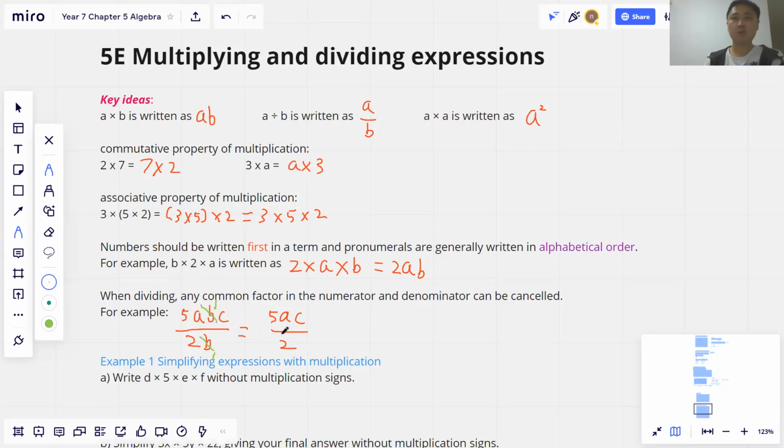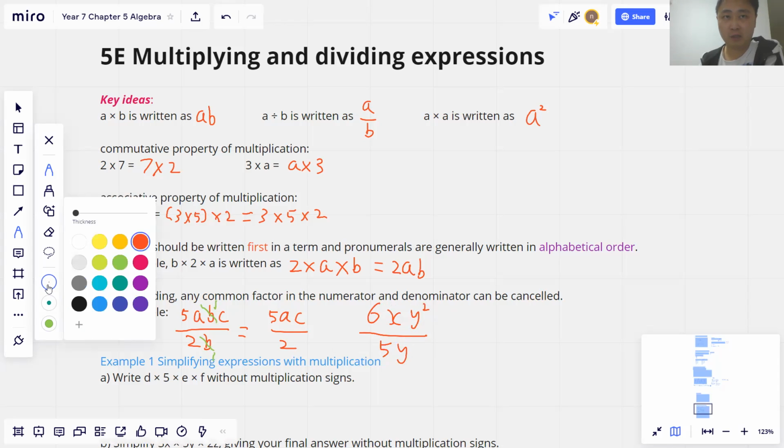I can give you one more example. For example, if we have 6xy squared over 5y. For the numerator, we have y squared, which means y times by y, and in the denominator, we also have y.